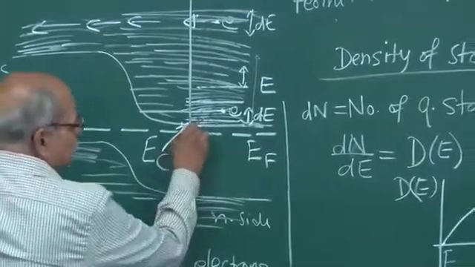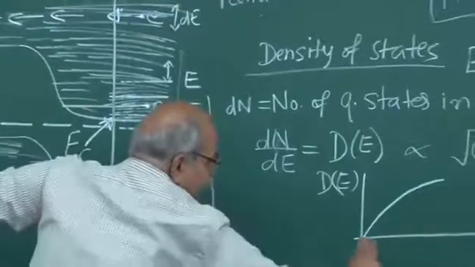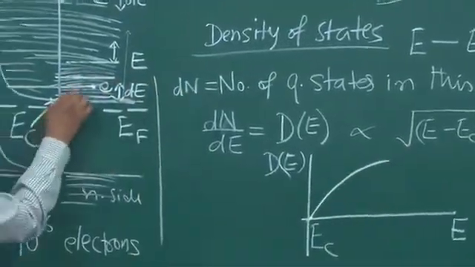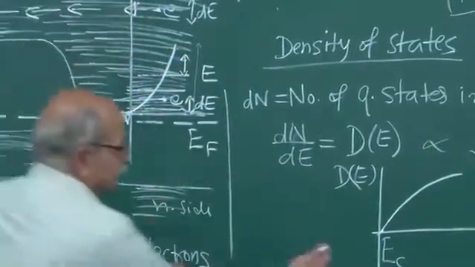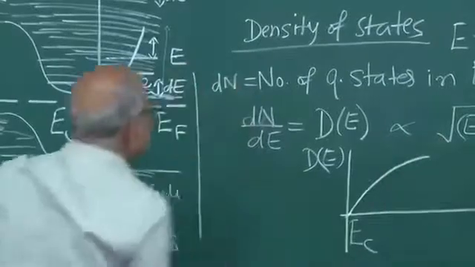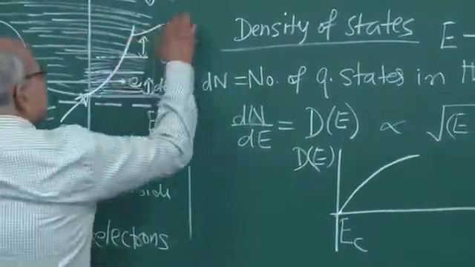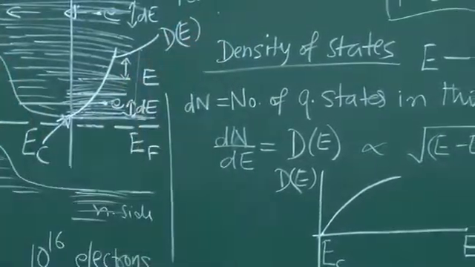Here is 0, and then the slope is going down, down, down. So here it will be like this. As I am increasing the energy, it is bending like this.